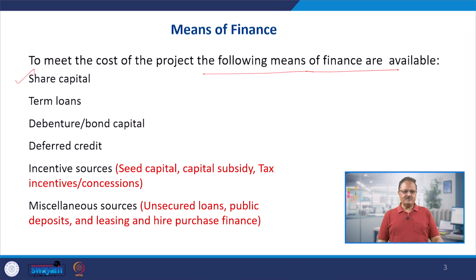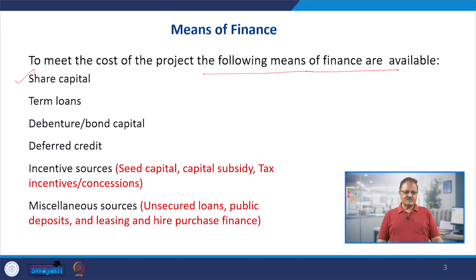In a private limited company, it is the contribution of the members or the group of entrepreneurs. If it is a partnership firm, it is the contribution of the different partners in a certain ratio. You can call that an internal source of finance, but that is not a share capital.